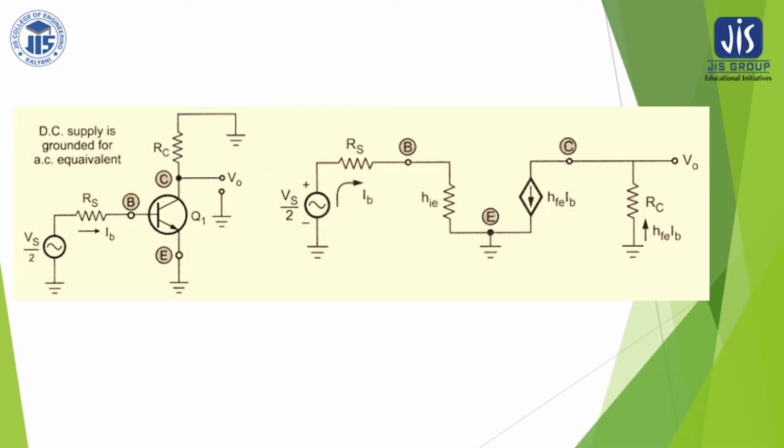Thereafter there is R pi, the internal base emitter junction forward resistance, and gmVB, the current flowing through the collector. gm stands for the transconductance and VB is the base emitter voltage, and this is your RC1. Whatever we get as output is across RC1.